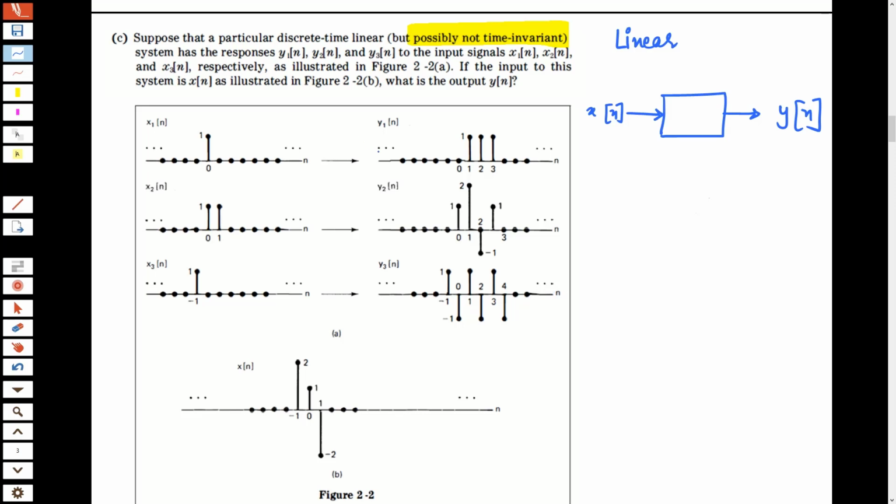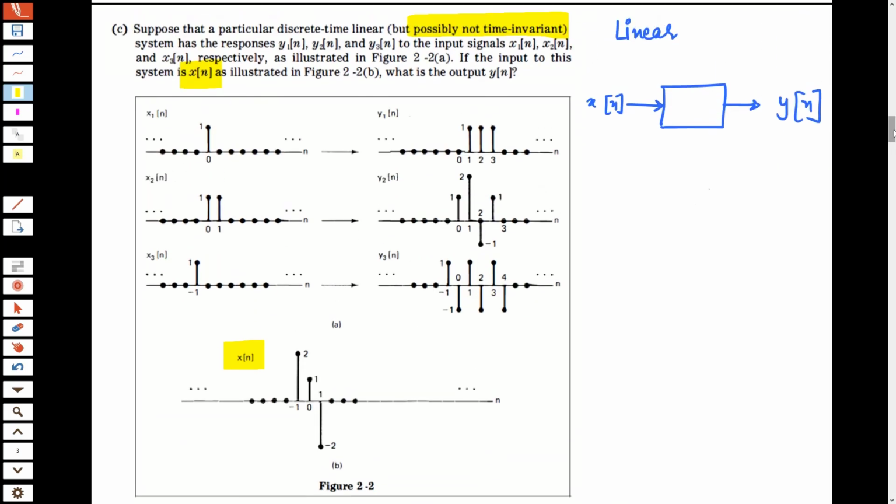Knowing this, the question says that if the input to the system is x[n], and this is x[n], then what is the output y[n]? Just the same approach that we used in the previous case, but instead of trying to represent x[n] in terms of time shifted or scaled versions of x1, x2, we will simply write it as a weighted summation.